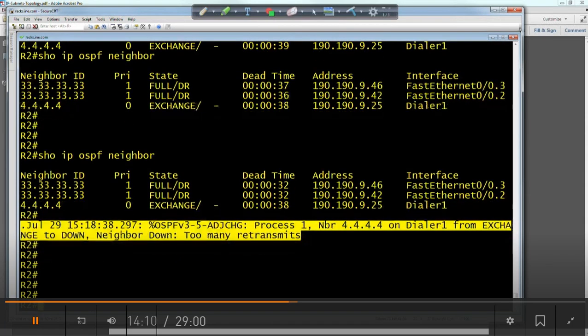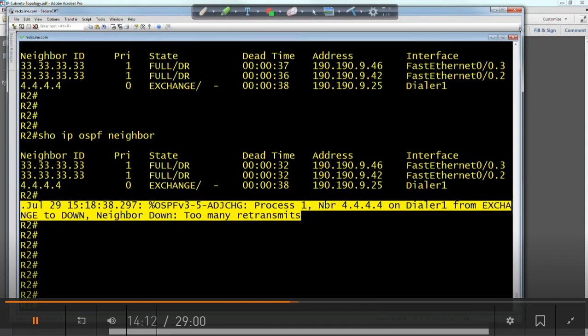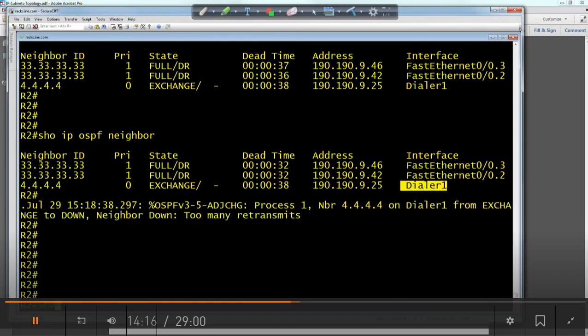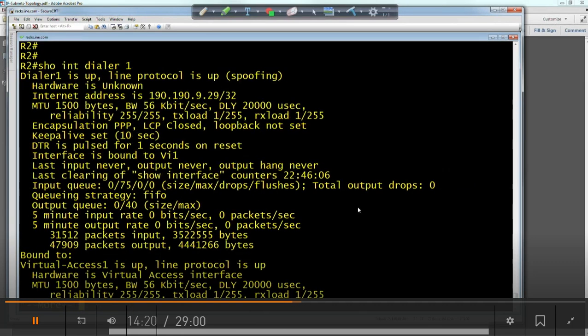On R2, the interface that he uses to get to his neighbor is dialer 1. So show interface dialer 1. And that shows on here that we have, let's see here, where is that MTU? Somewhere in here. All right, here, 1500 bytes. Okay, 1500 bytes.